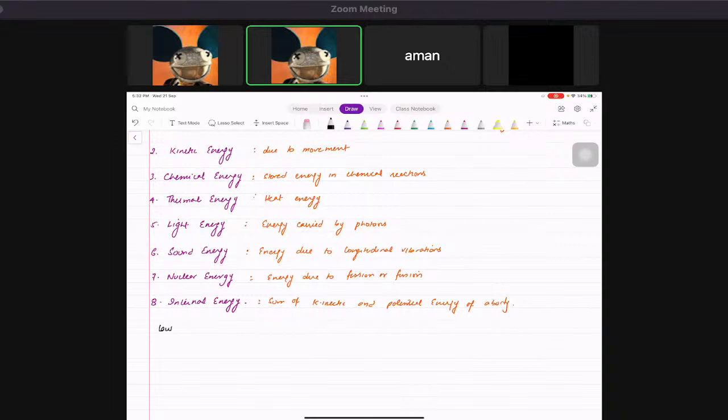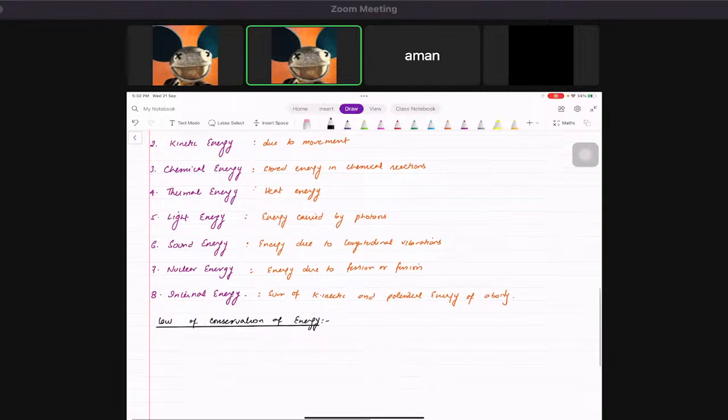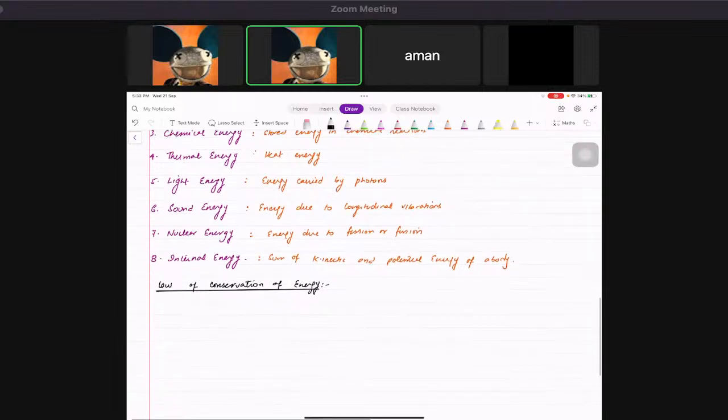As we know, the law of conservation of energy. Now this law we've studied since we were very young.